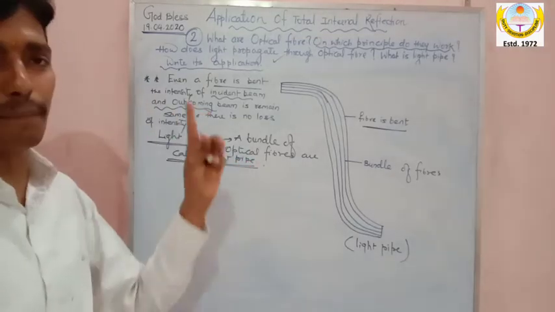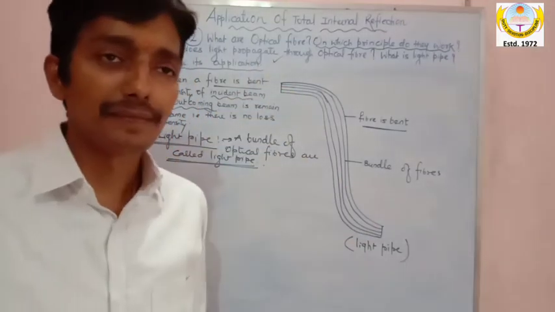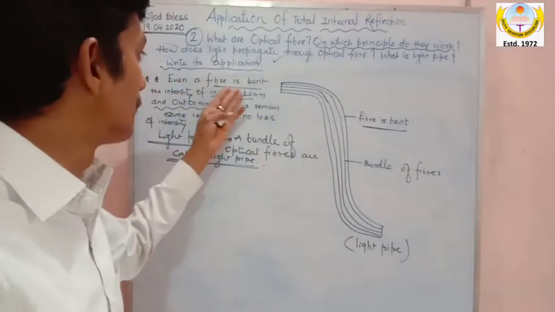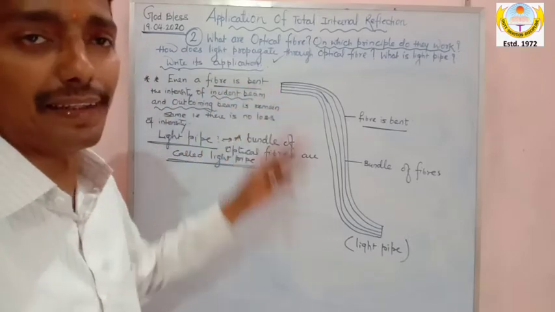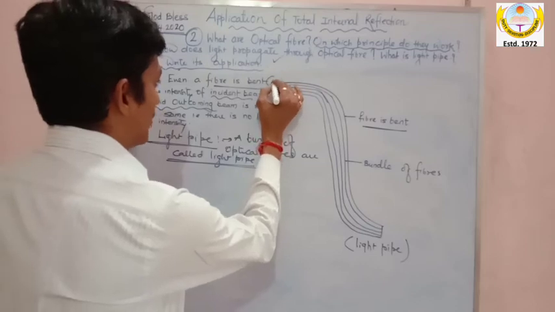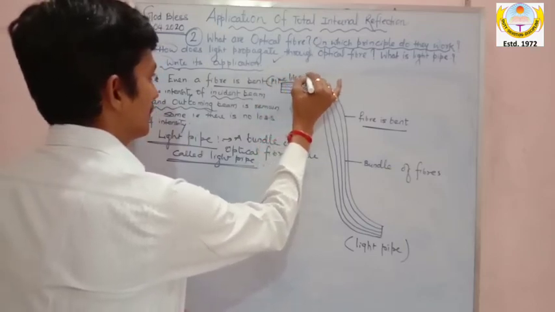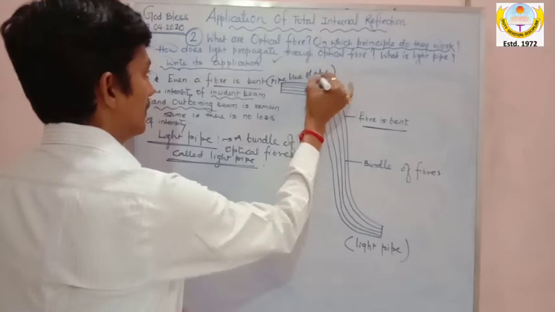So first I want you to note this, my dear, that I can bend the fiber. Am I clear? Bent means I have tried my level best to make it pipe-like shape.